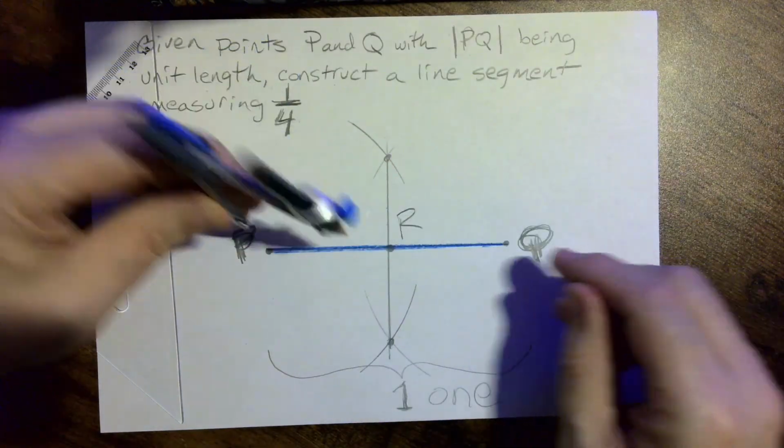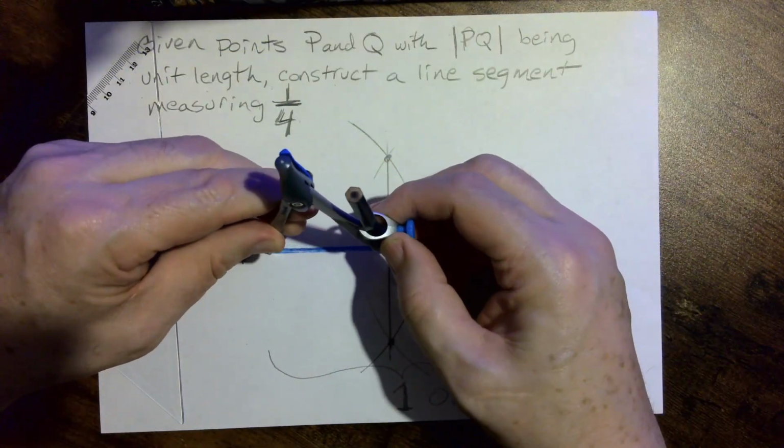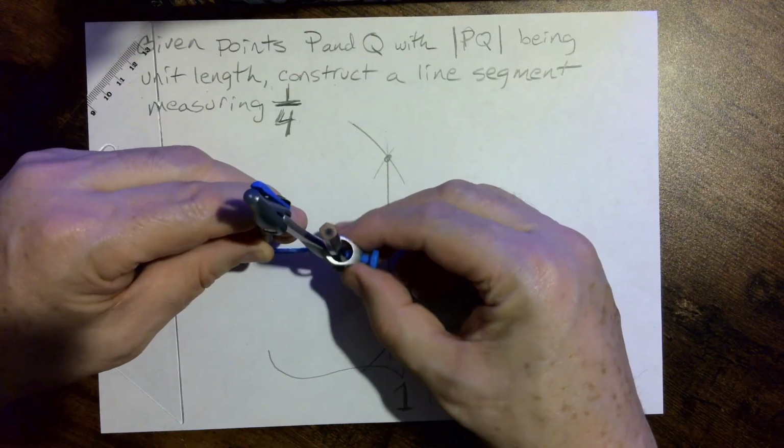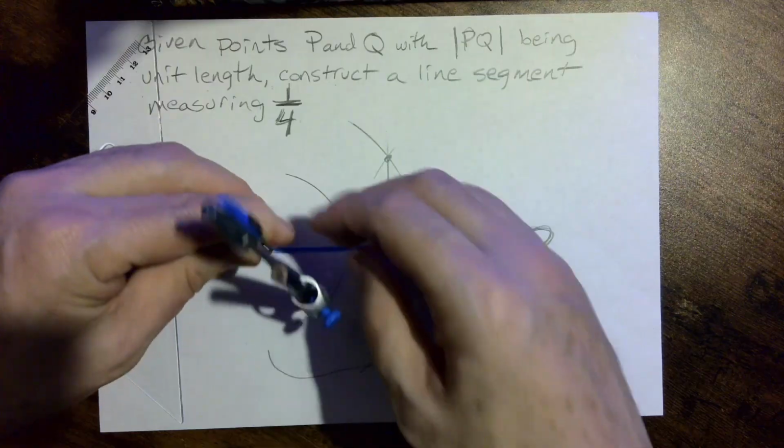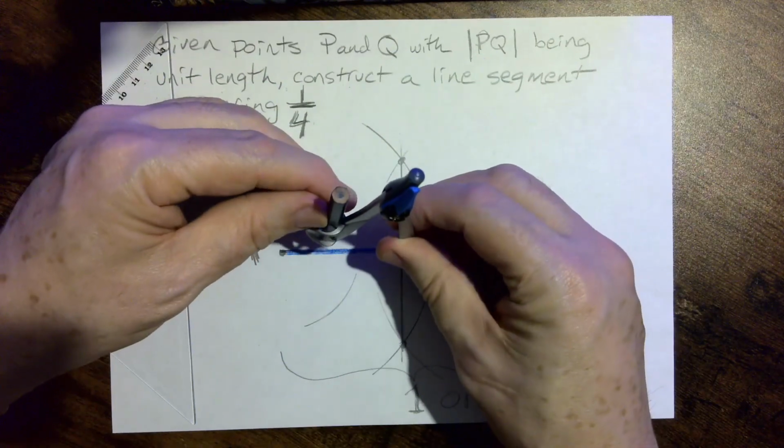So let's just do that again. P to R. I want a little bit more than halfway. I make my arcs like this.